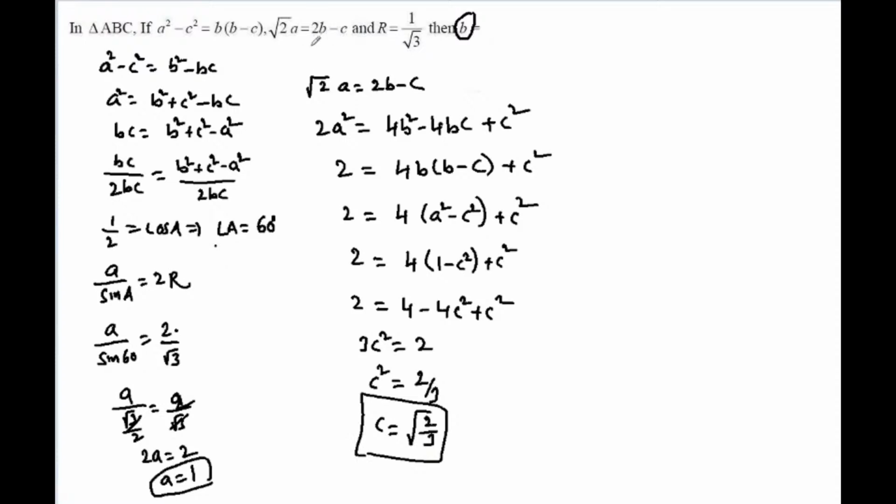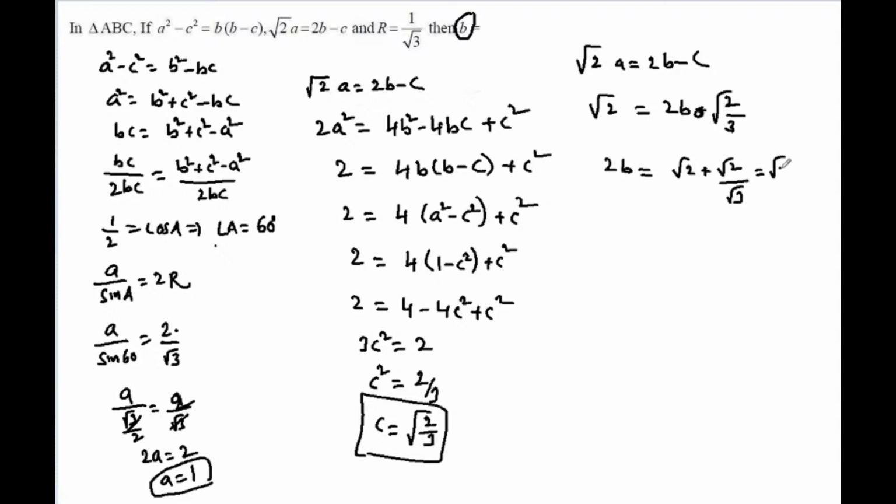Now we find the value of b. From the relation root 2 a is equal to 2b minus c, so root 2 into a value 1 is equal to 2b minus c, that is root over 2 by 3. From this, 2b is equal to root 2 plus root 2 by root 3. Take root 2 common, that is 1 plus 1 by root 3.